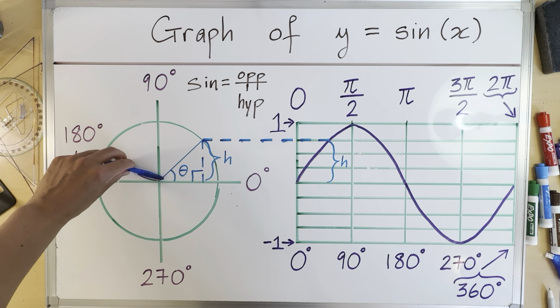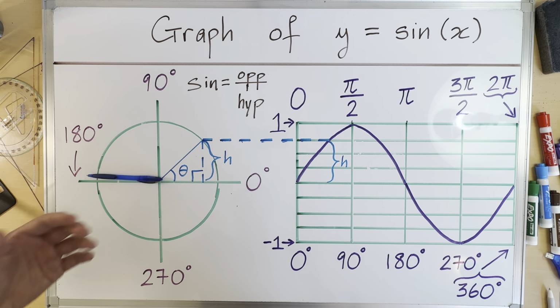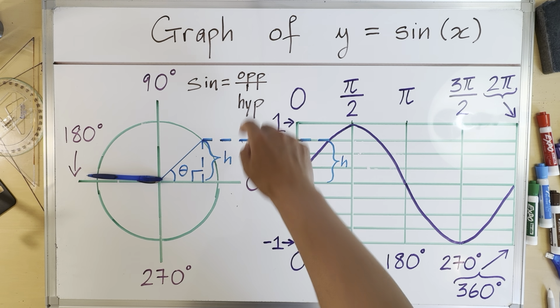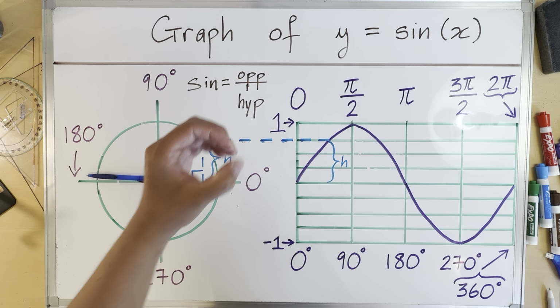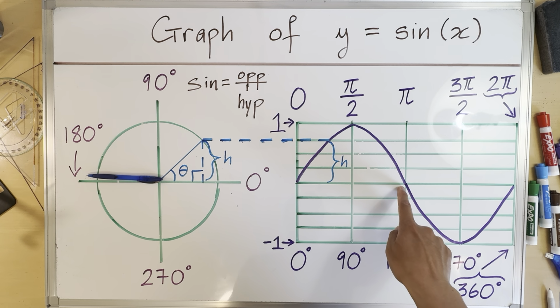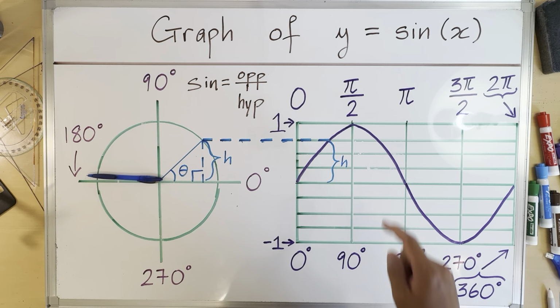And as you drop down to here, once again, the side of the right-angled triangle that is opposite to angle theta, which is this numerator value right here, opposite, becomes 0. And 0 divided by anything still gives us 0. That's why at pi radians, you have the value 0 right here.